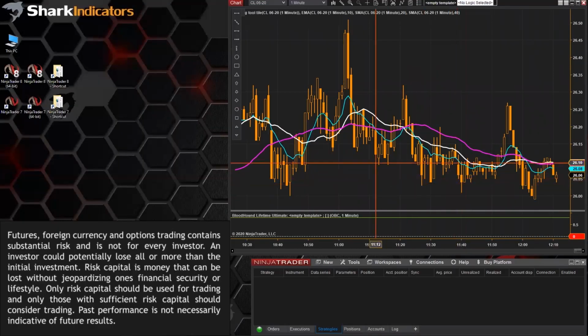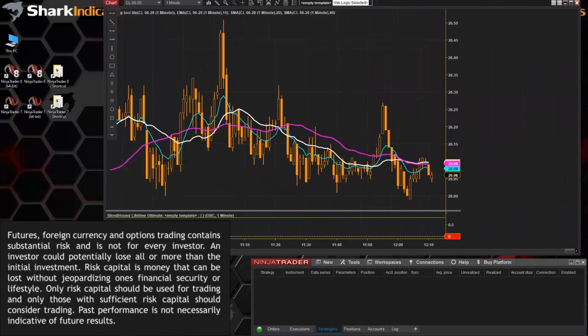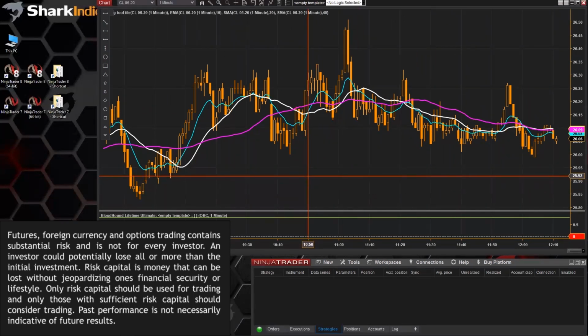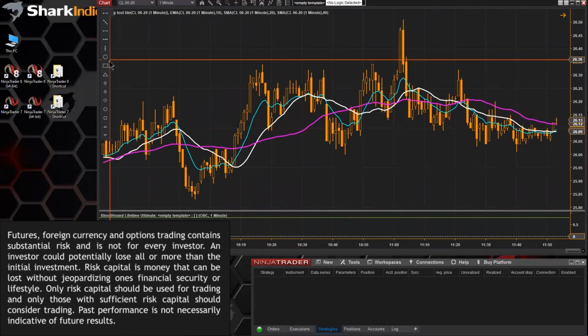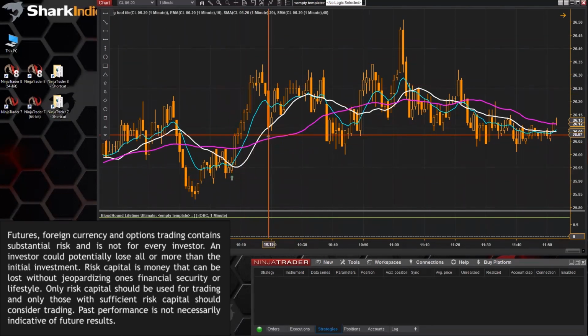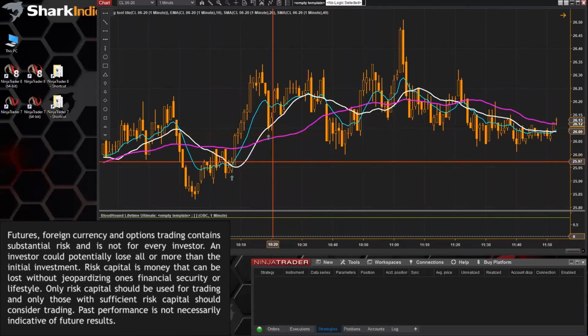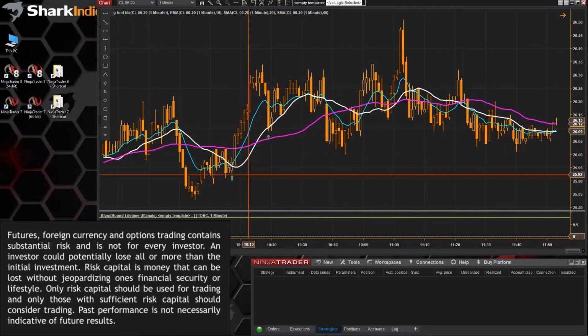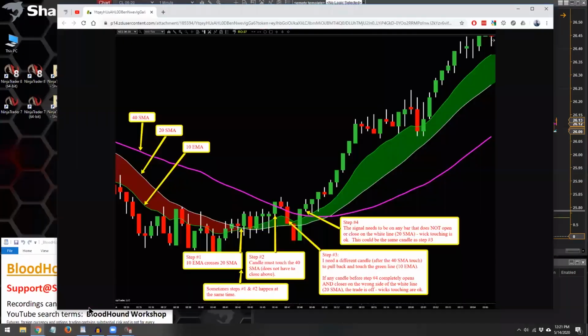All right, so the next thing I need to do is look through the chart and find some areas that look like we should have a signal. Oh, here we go. We have the crossover there, and the pullback there. Let's take a look at that screenshot again.